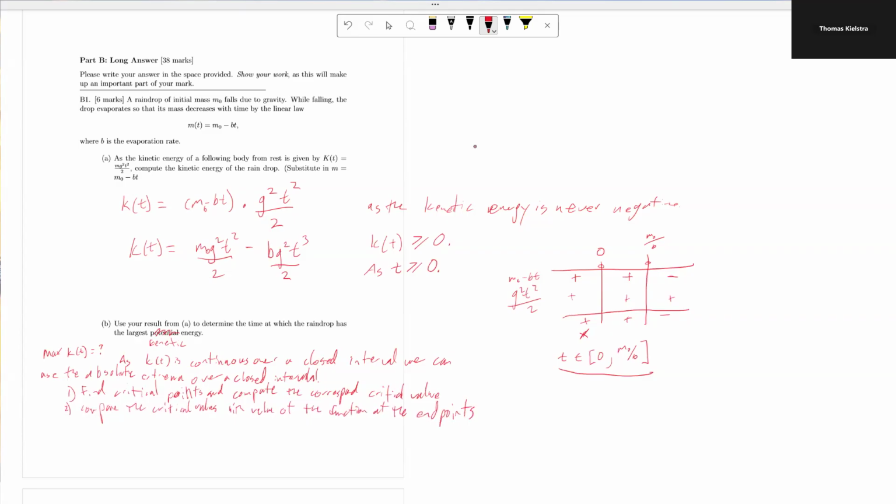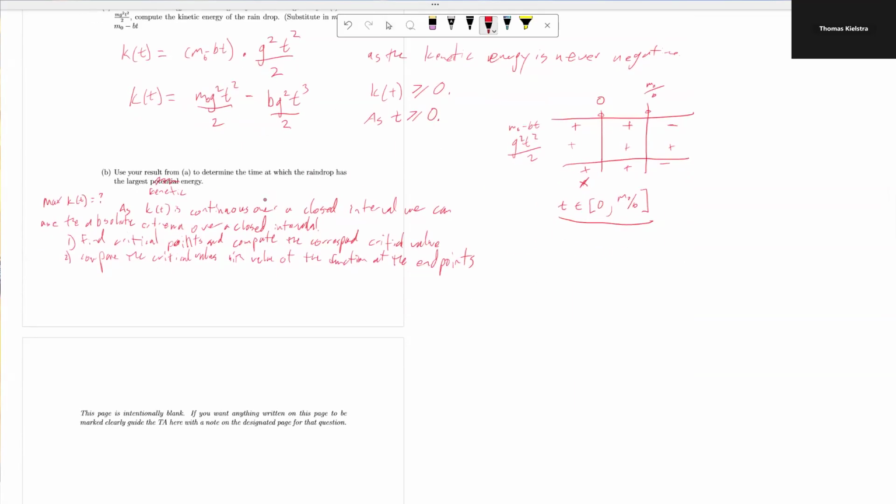So first we need to figure out what our critical points are. And to do this, we take the derivative of K with respect to t, and this equals m naught g squared t minus 3 over 2 g squared t squared, which equals (2 m naught minus 3t) times g squared t over 2.